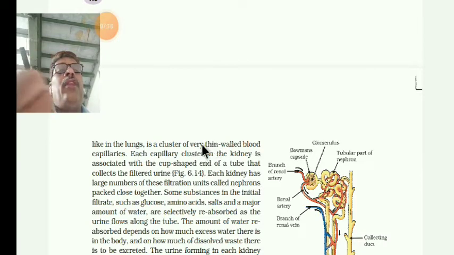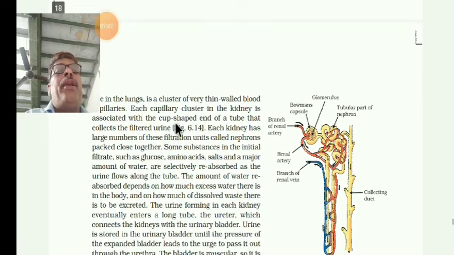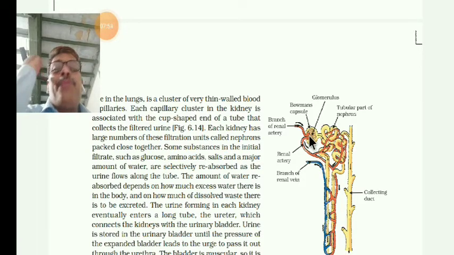Look at the figure: here is the Bowman's capsule, and this is the glomerulus. Each capillary cluster in the kidney is associated with a cup-shaped end of a tube that collects the filtered urine.